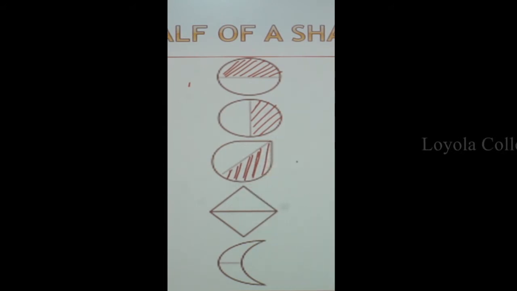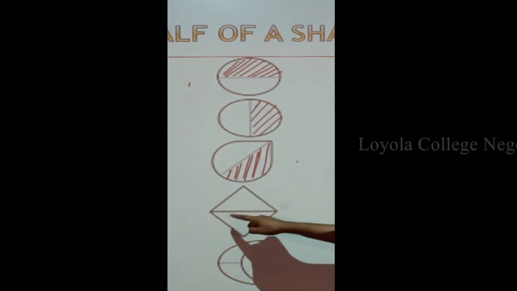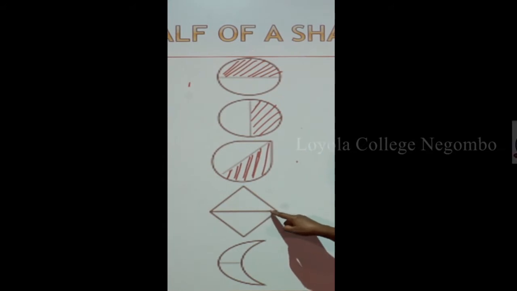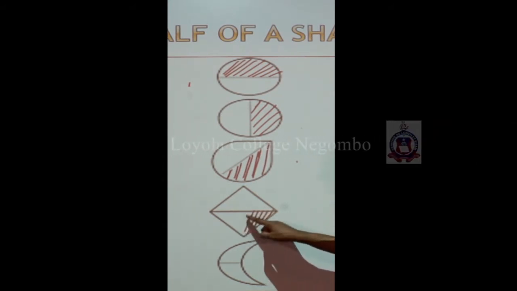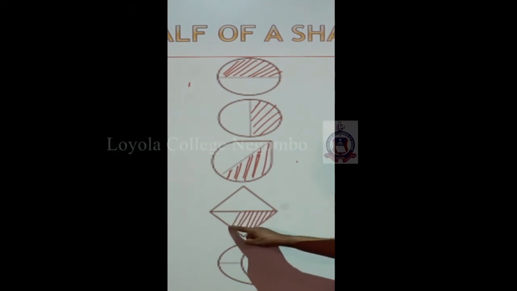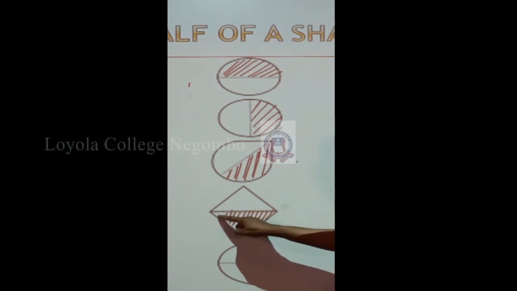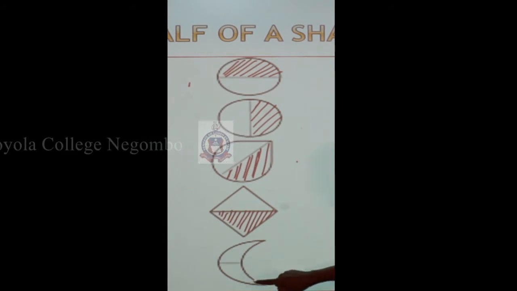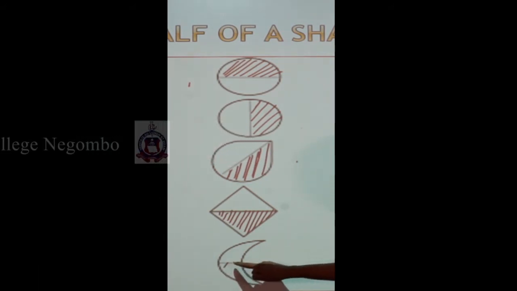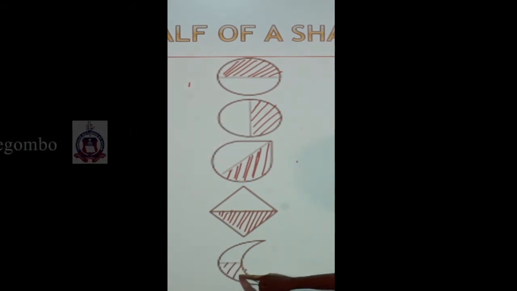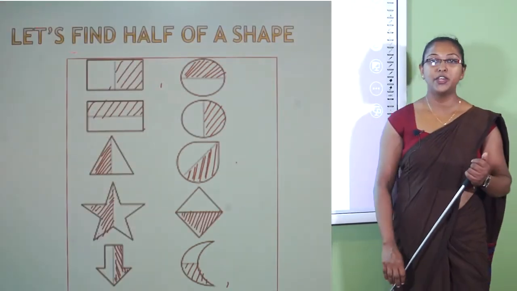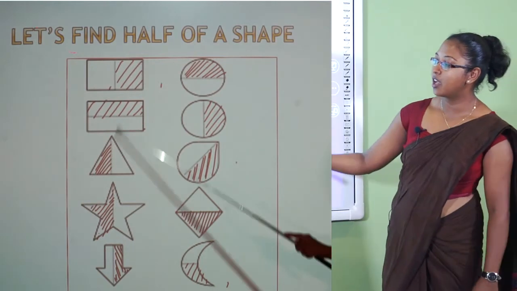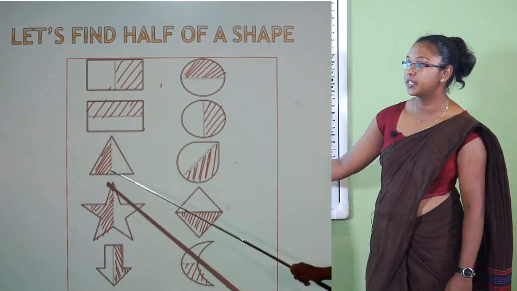Half of a leaf is colored. And here's another shape. Right, now you can see Pute, the half of the shapes are colored.